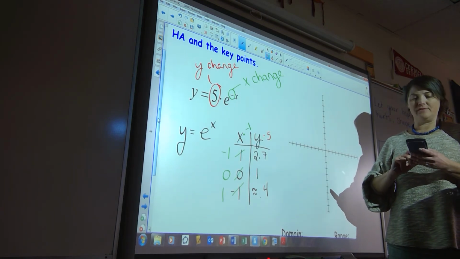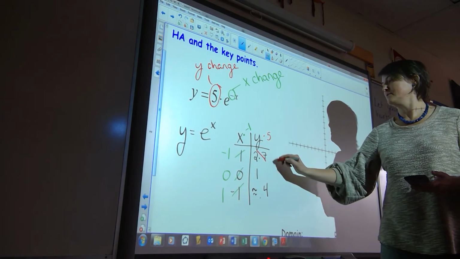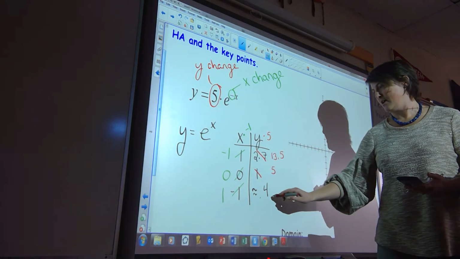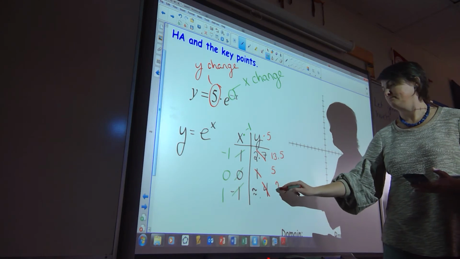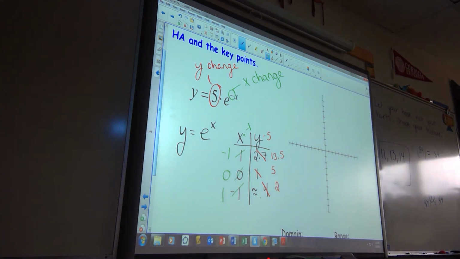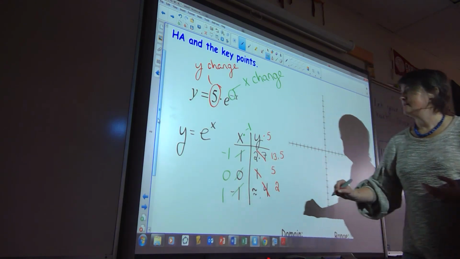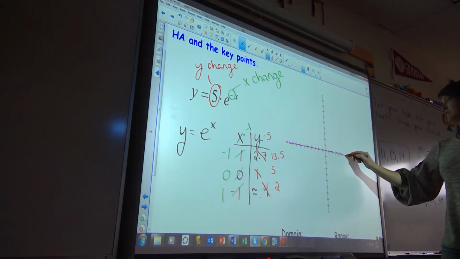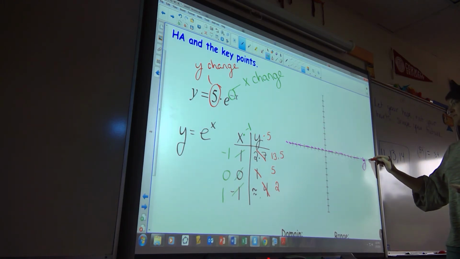2.7 times 5 is 13.5. This would be a 5. And this would actually be a 2. And now I'm just going to plot my points. Let's see. My asymptote did not move. That's still at y equals 0.